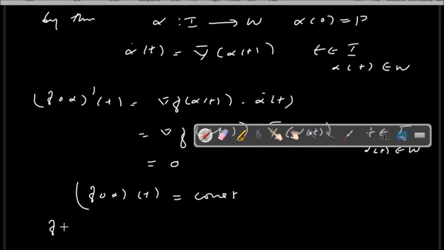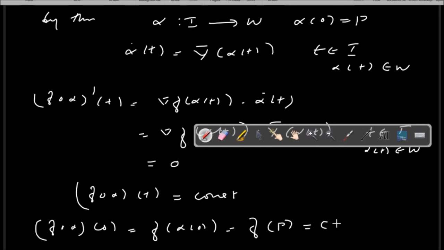Also, f circle alpha of 0 equals f of alpha of 0, and alpha of 0 we have taken as p, so this will be f of p, and f of p is definitely equal to c. We have already defined it in such a way that f of p is c.